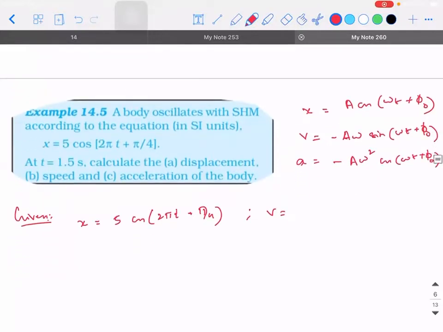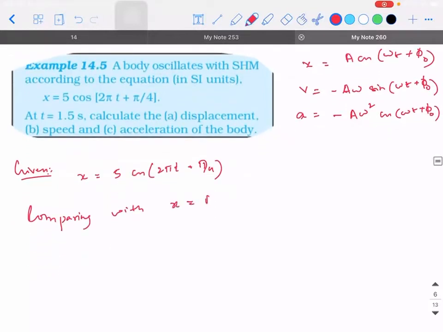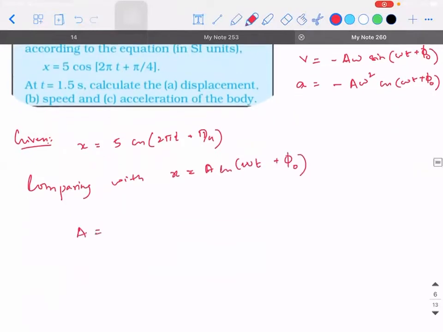Now what we are going to do is compare with x is equal to a cos of omega t plus phi naught. What will I get as the value of amplitude? They've asked for the displacement only, no?